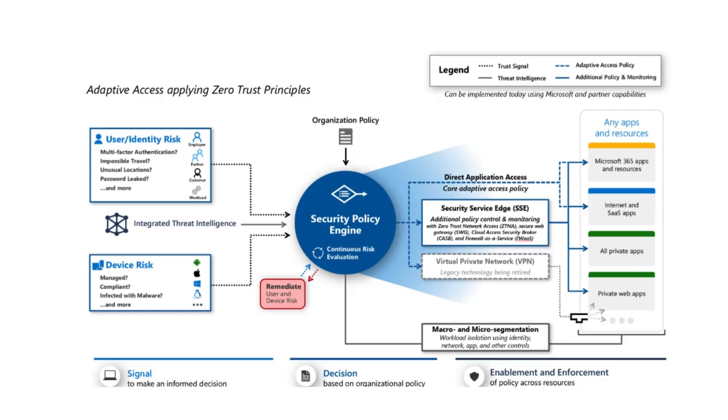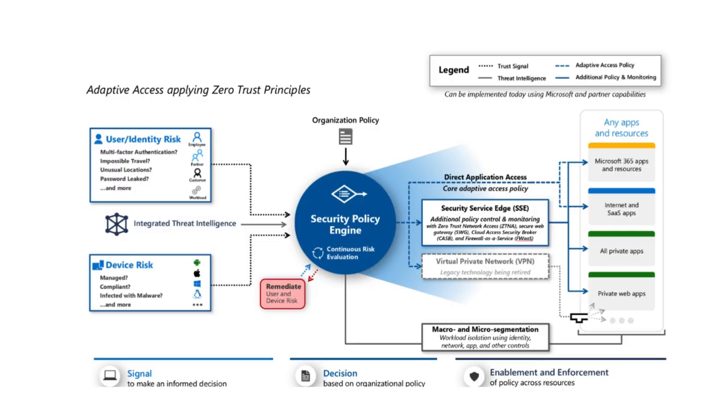Device risk to protect against access by compromised and vulnerable devices through integration with device management, endpoint detection and response (EDR) capabilities, and more. Middle: policy enforcement and remediation ensures that these risk measurements are acted upon by a security policy engine that integrates the user, identity, device, and other threat intelligence signals into policy decisions that enforce the organization's policy on all access requests.